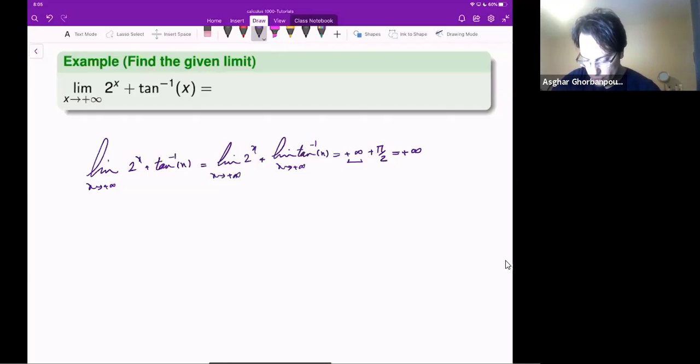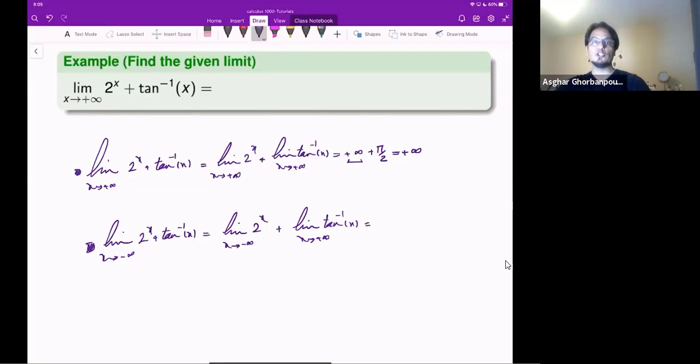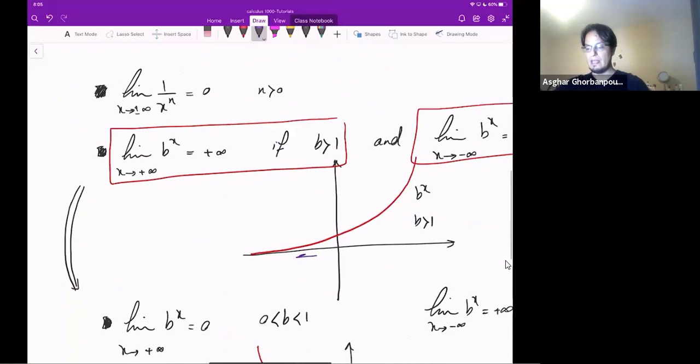Just as an extra fact, if the limit was as x goes to negative infinity of 2 to the power x plus tan inverse of x, here you will have the limit of 2 to the power x as x goes to negative infinity plus the limit of tan inverse x as x goes to negative infinity. Here, the limit of 2 to the power x as x goes to negative infinity: look at the graph.